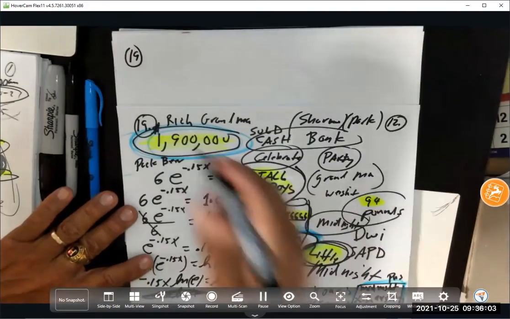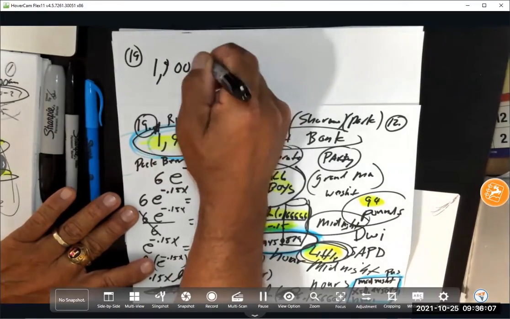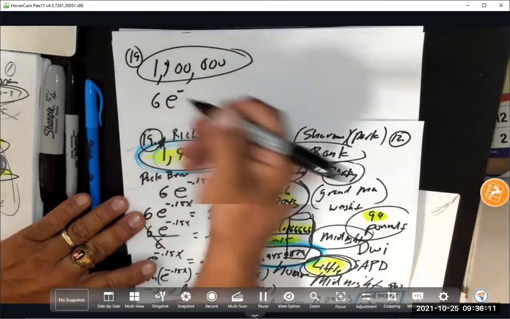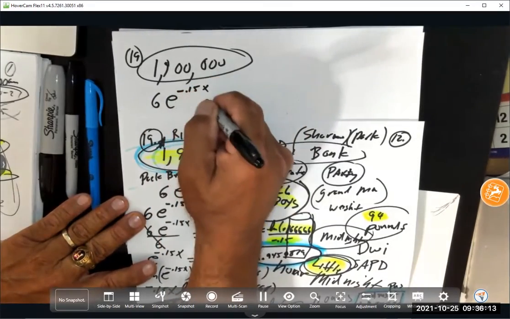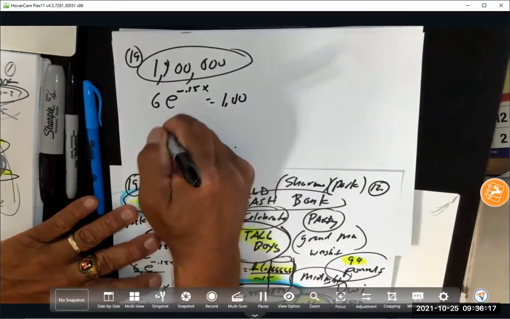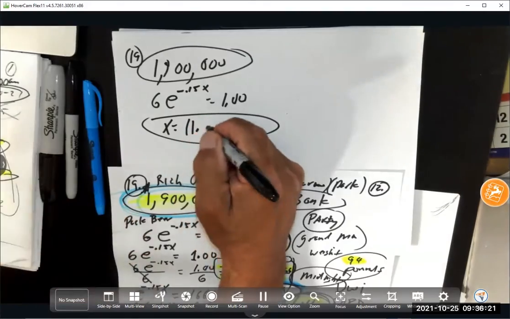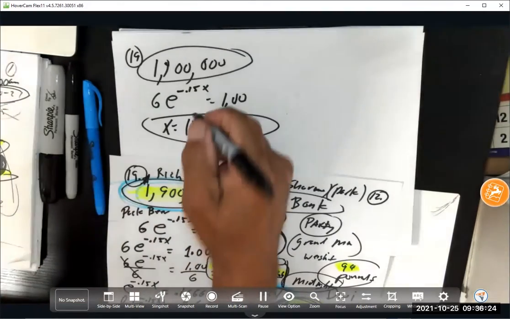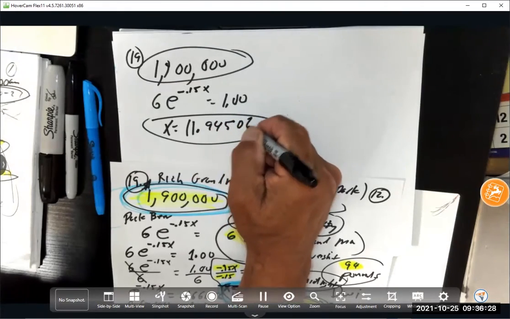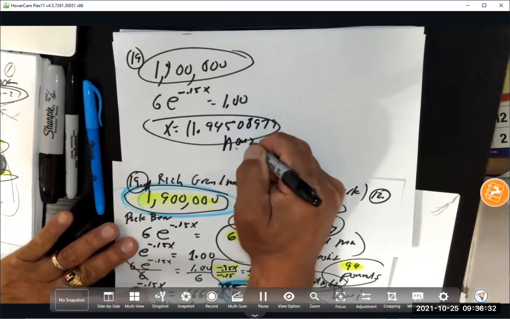All right. So no, she doesn't want to be driving on the streets. And we said that e to the negative 0.15x, when was it going to be equal to 1.00? We said that x was 11.945508979 hours. Okay.